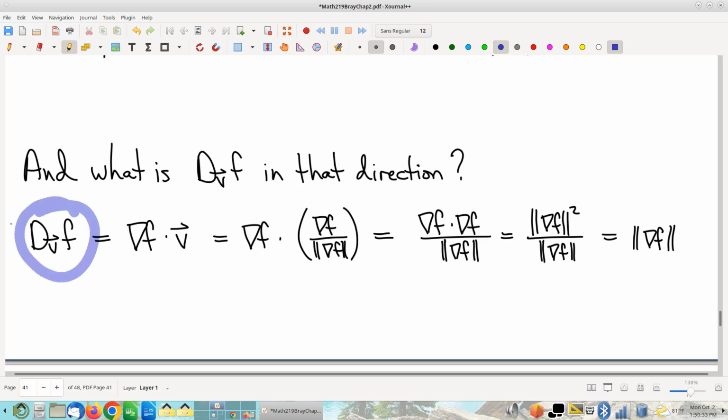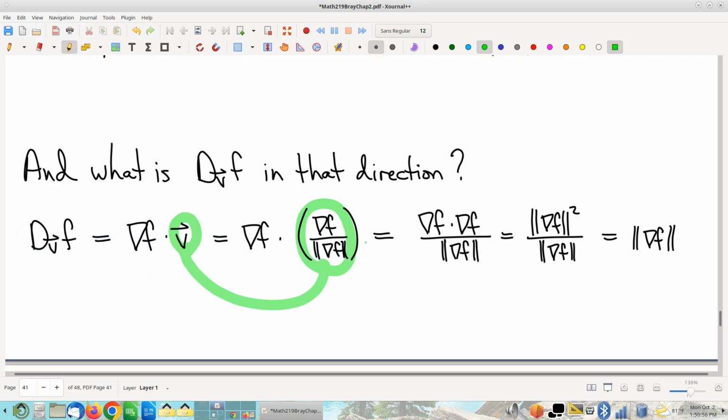So I want to compute the directional derivative, this maximal directional derivative, in the previously decided upon direction, the direction of fastest increase. And so again, we compute directional derivatives with dot products. Again, we've just decided that v is the direction of the gradient. Then I can look at gradient dot gradient, that is magnitude squared, and then I find myself with magnitude squared divided by magnitude, and of course that just gives me the magnitude.